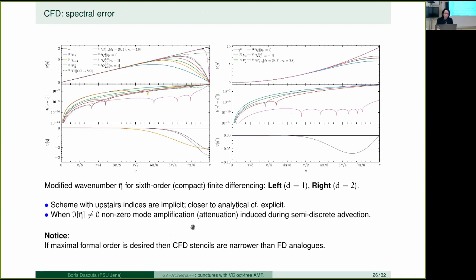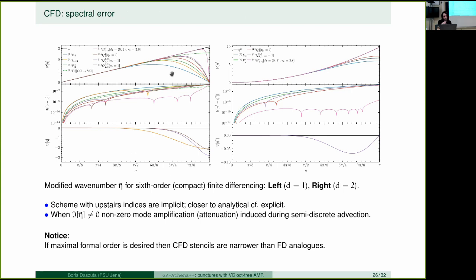Okay. How does that look? So let's jump back to something that should be familiar. I do explicit finite differencing, at sixth order. In this left panel, I compute a first derivative, and then I can look at what the modified wave number is. If you do this analytically, it's a plane wave, so you just get a line. That's this black thing.